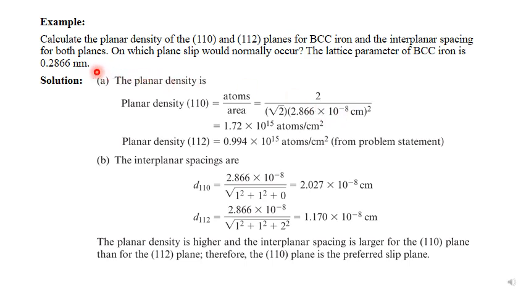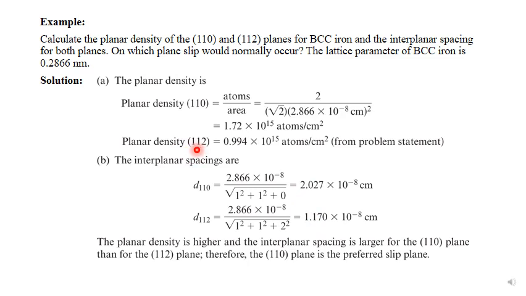The lattice parameter given in the problem in nanometer, we need to convert it to centimeter, because planar density is normally measured by atoms per centimeter square. This gives us the planar density of 110 plane.